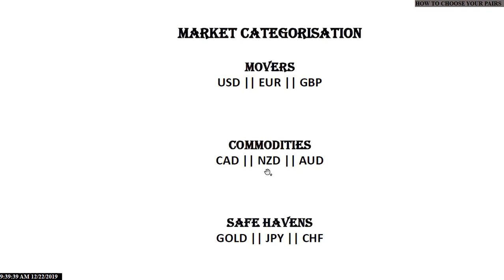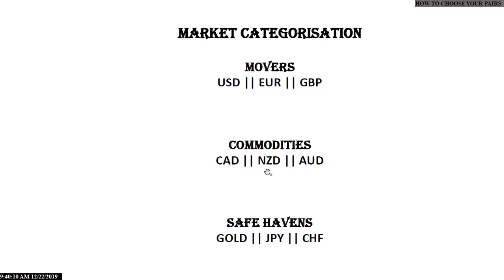One major characteristic of the movers is that, unlike some other currencies that move at a particular time of the day, for the dollar, it moves more in London session and New York session. However, there are cases, not even rare cases, where you see the dollar moving in the Asian session or other times of the day.